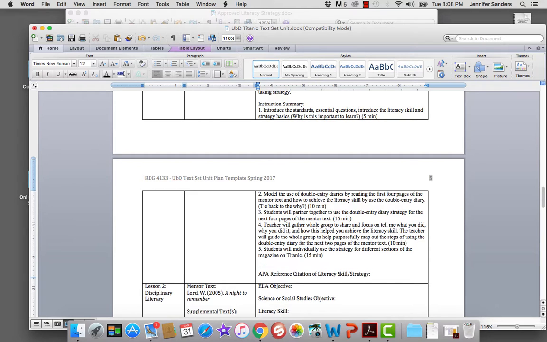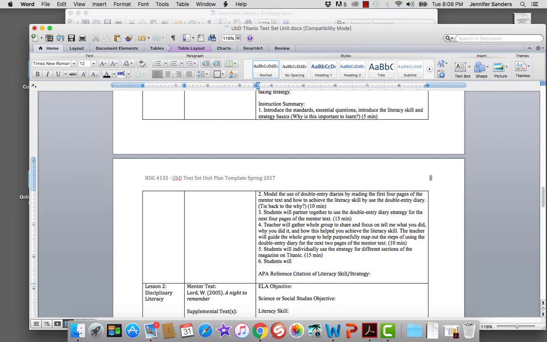Then I'm going to have them, students will meet with someone. Oh no, students will, I had to think about what do I want to do there for them to come out and share. I want them to focus on the literacy skills.